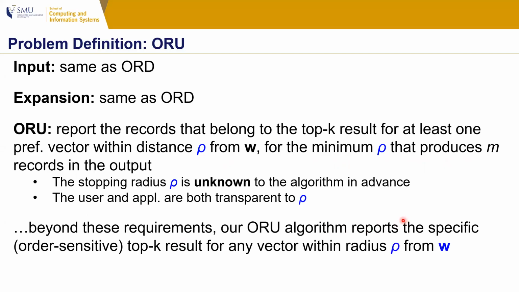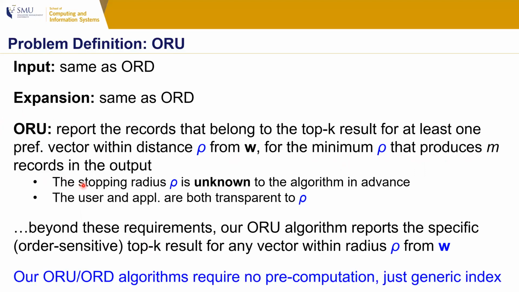Now, something about our ORU algorithm is that it is going one step further than the standard definition of ORU, and it even produces the specific order-sensitive top-K results for every vector within radius rho from W. This is a plus point achieved by our algorithm beyond what the definition of ORU requires.